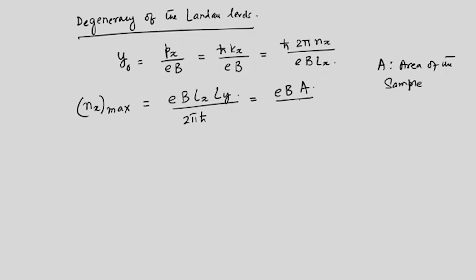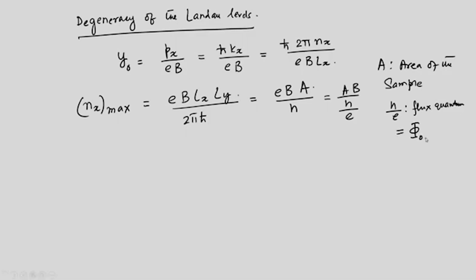Divided by h, because 2 pi h cross is nothing but h, I can write this as A times B divided by h over e, because h over e is a very important quantity which is called the flux quantum, denoted by phi 0.